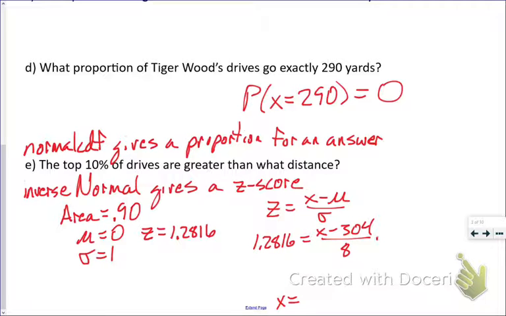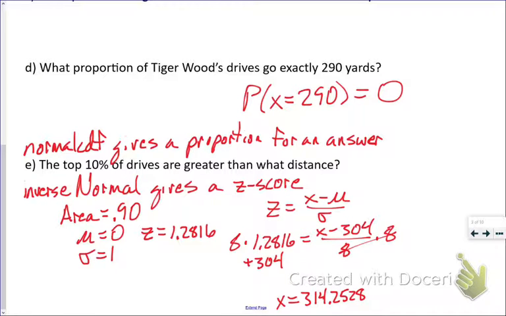Let's solve it though. Times 8, times 8. Then I'm going to add 304, and I get 314.2528.